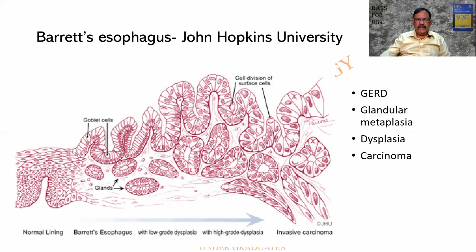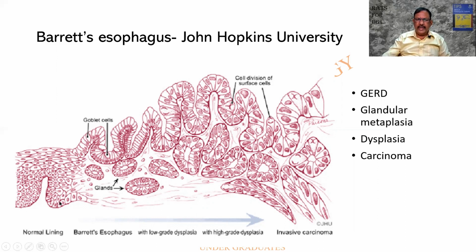Here I find that the columnar epithelium replaces the squamous epithelium because all the gastric glands, intestinal glands, etc., they are more resistant to the acid. Therefore, these cells replace the squamous cells. So this is a glandular metaplasia, a gland replacing the squamous epithelium. But if left untreated, it can go in for dysplasia. Very rarely there can be a carcinoma also.